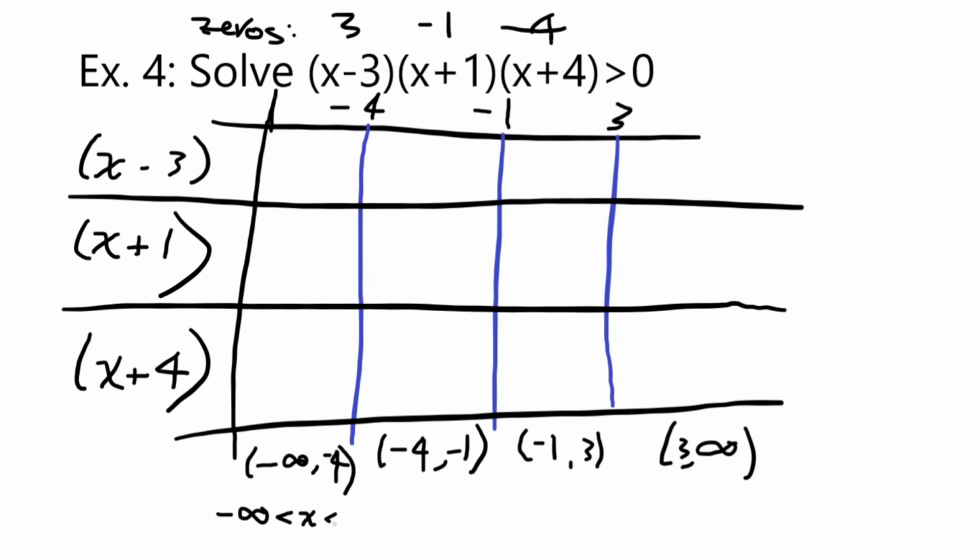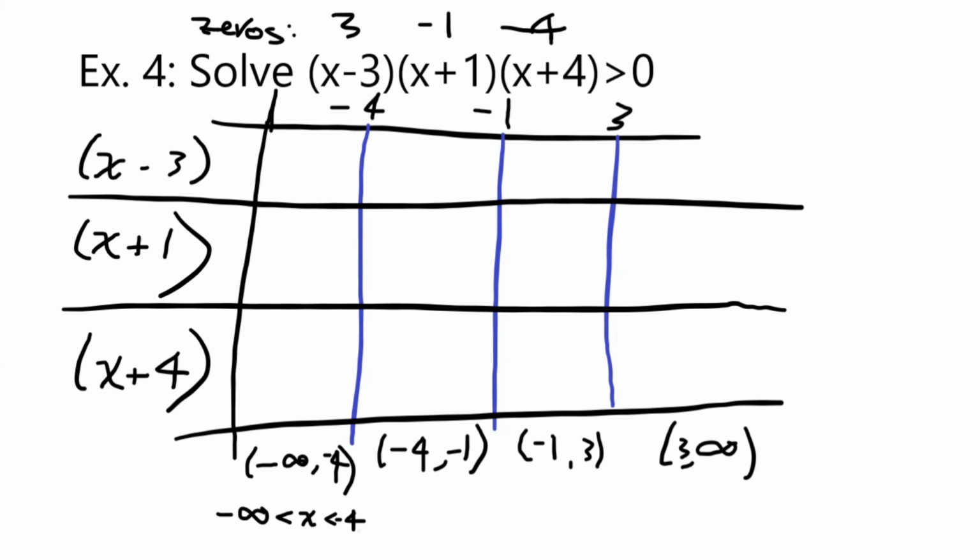Negative infinity is less than x, which is less than negative 4. Why did I do that? Well, this is the interval that we're testing the negativity or positivity of, because we're going to want to write a minus sign or a plus sign in all of these squares. That way we can determine which one of these is going to be greater than 0, because again, any number greater than 0 is positive.